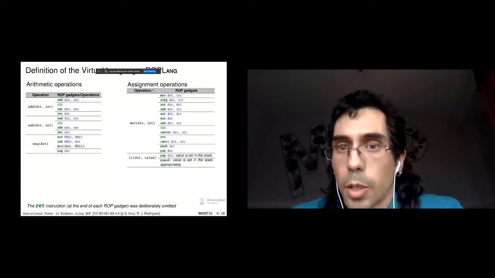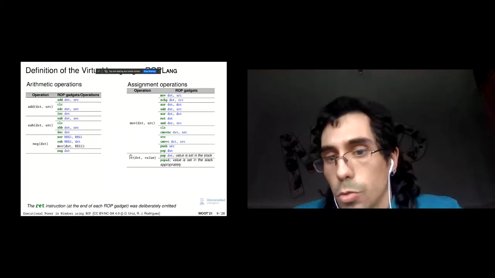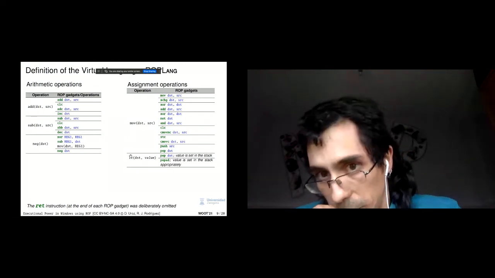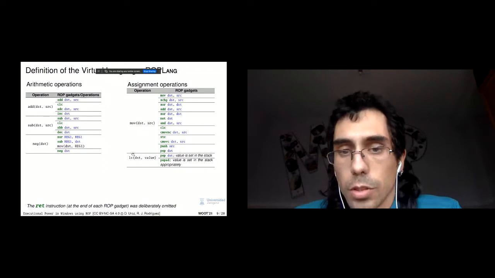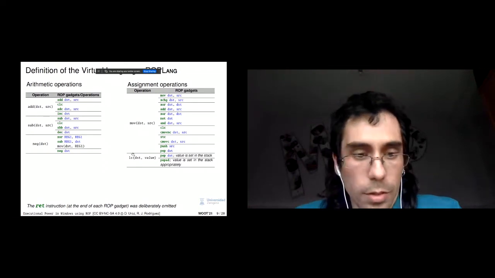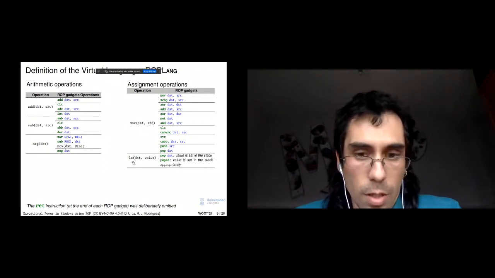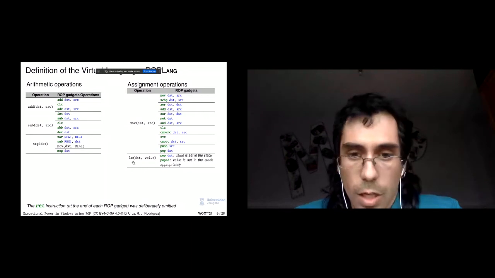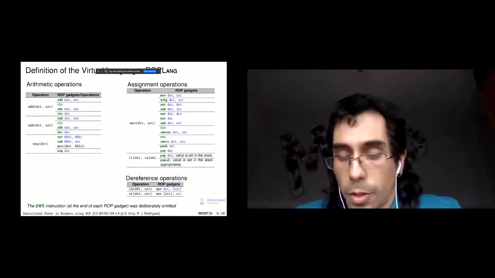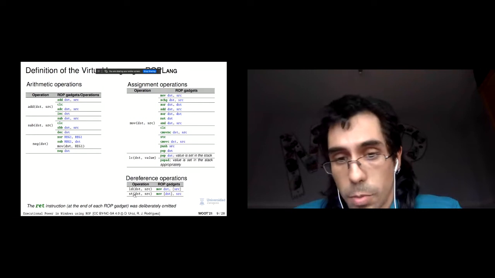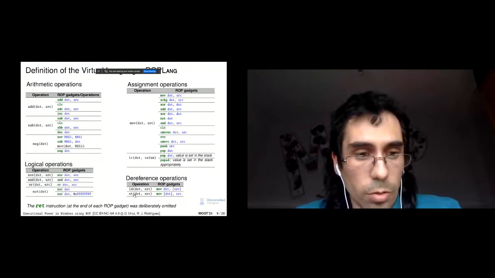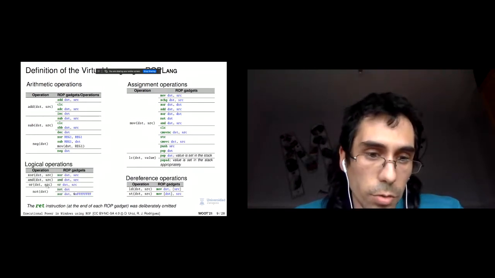So regarding assignment operations, we have the move and the load constant, to set values in particular registers or particular memory addresses. And regarding the reference operations, we have the load and the store, typical load and store operations, and the logical operations that I have commented on before.